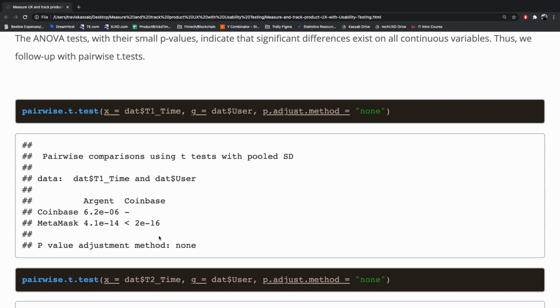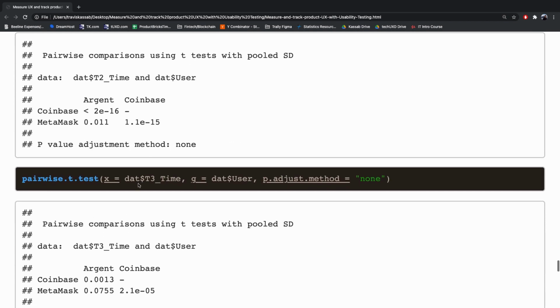Coinbase, MetaMask, small p-value. So they're all statistically significantly different from one another. And they are for everything. At the 85% confidence level, basically all of these p-values for the pairwise tests are less than 0.15. Therefore, we have differences on these time variables across each wallet.